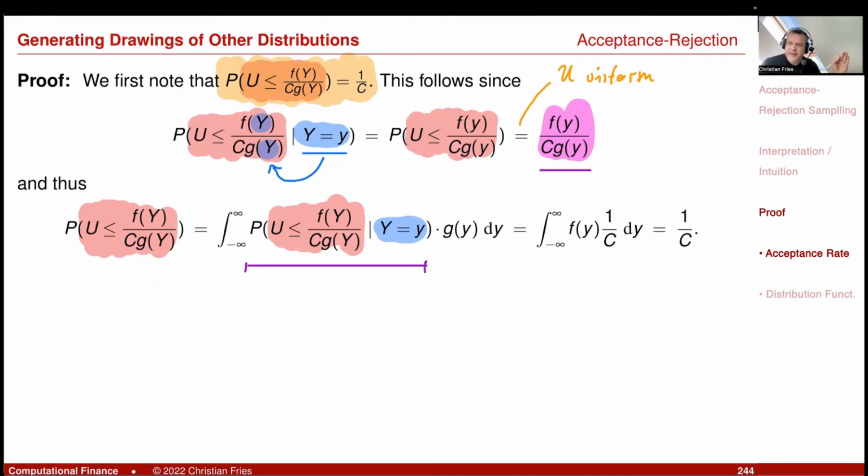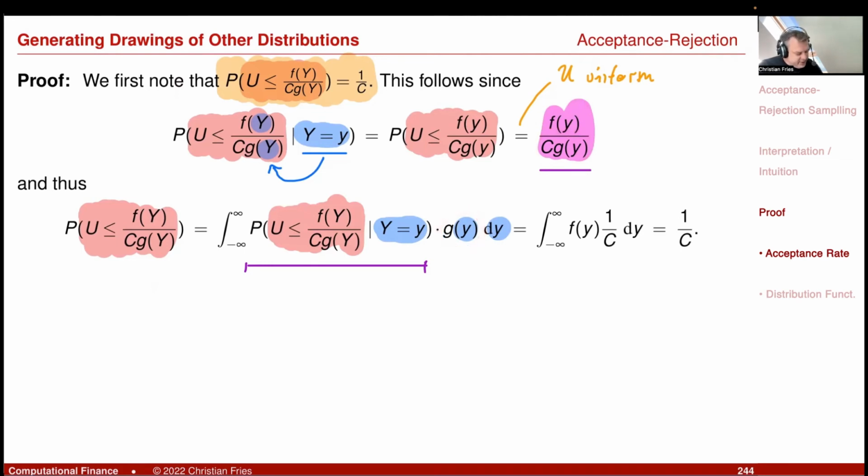So we have done a conditioning on a little y. If I would like to have the probability for all possible y, I can just integrate with respect to the density. The density is g(y) dy. Then you plug this in: f(y) divided by c times g(y), multiplied with the density g.